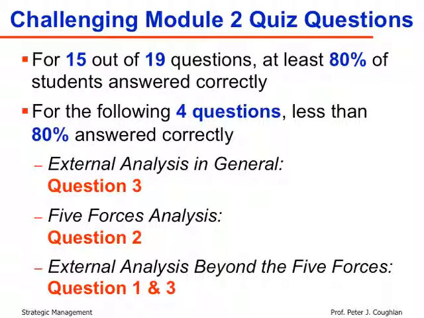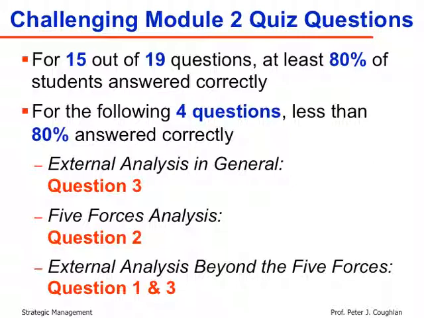And so I use the same 80% standard, but this time what it reflects is that I consider it a challenging quiz question if the average score is below 80% of the total points possible. So again, for 15 out of 19 questions, there was not much difficulty. Students did very well. Some questions every single student answered correctly. But for the following 4 questions, less than 80% did answer correctly.